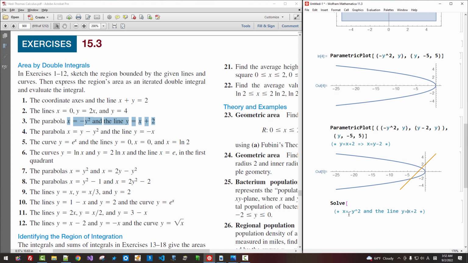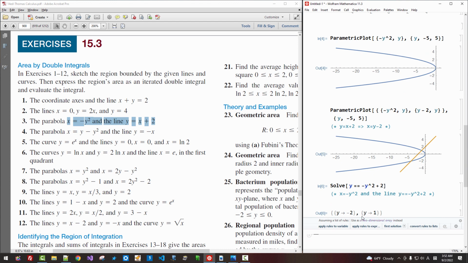See once again, x is negative y square. Now I put like this. Then it should be equal, we solve this equation. Now hit enter.